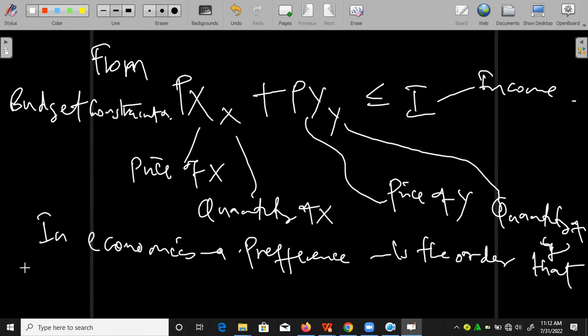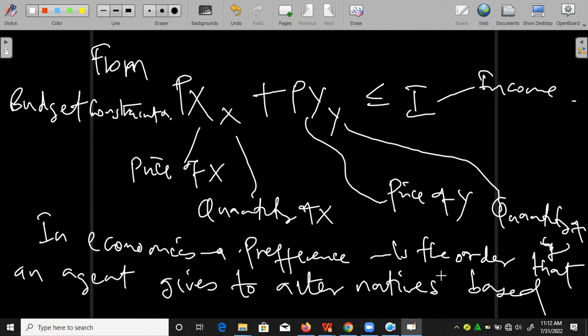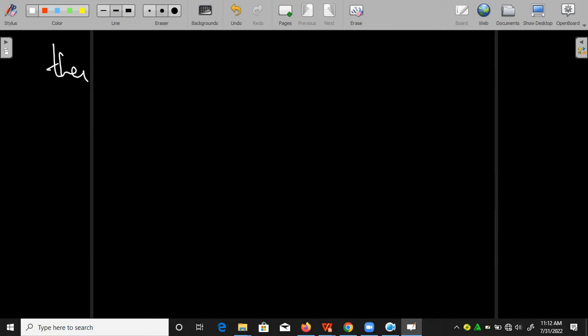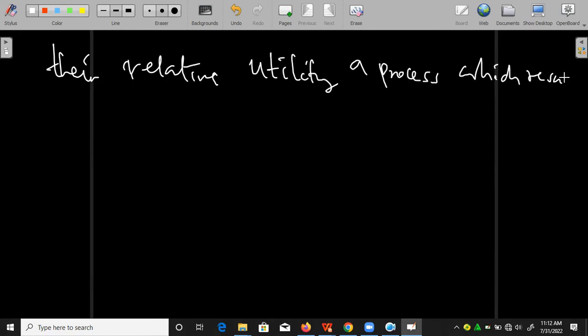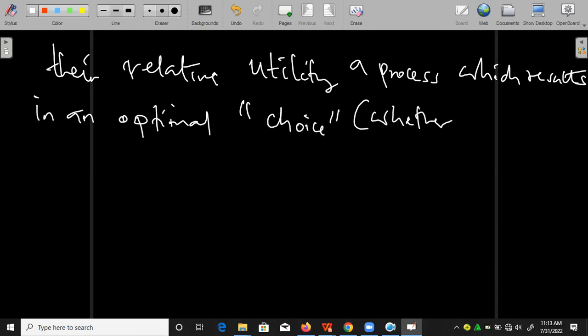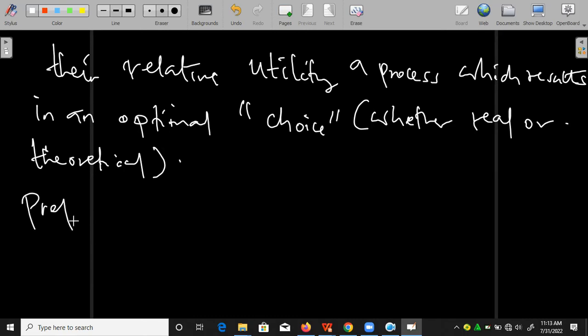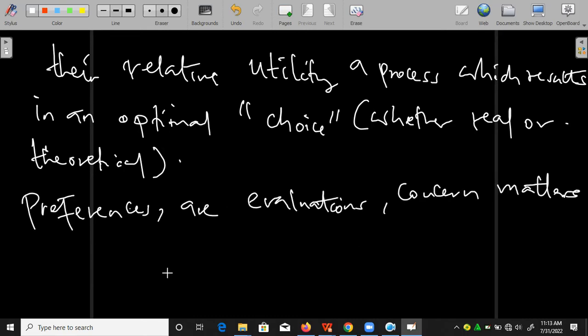In economics, preference is an order that an agent gives to an alternative based on relative utility, a process which results in an optimal choice, whether real or theoretical. Preferences are evaluations that concern matters of value, typically in relation to practical reasoning.